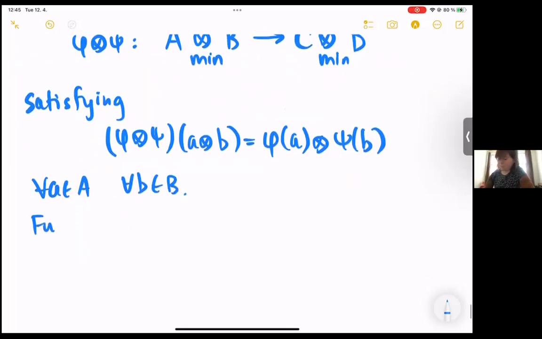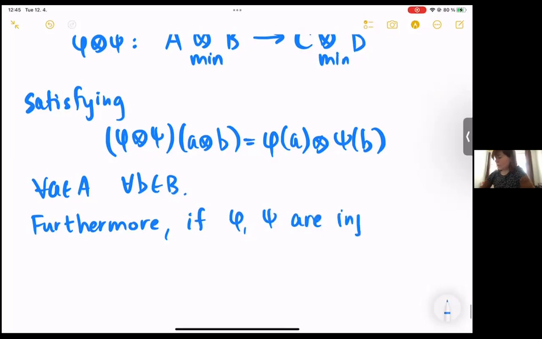And if these both happen to be injective, then so is the tensor product.